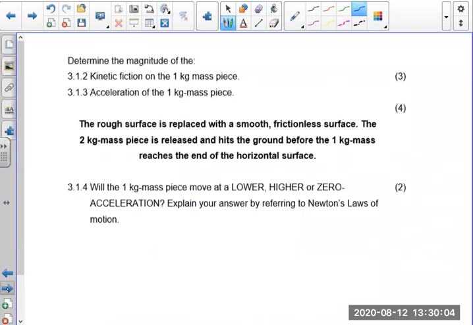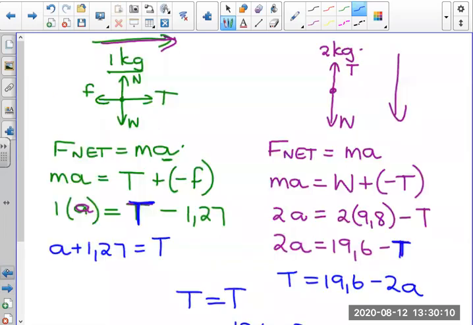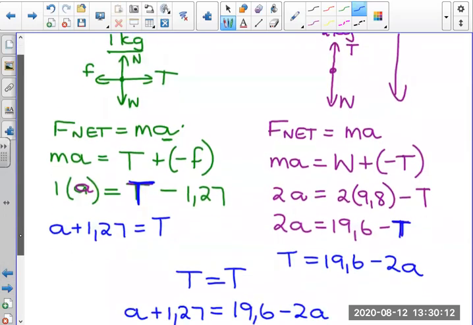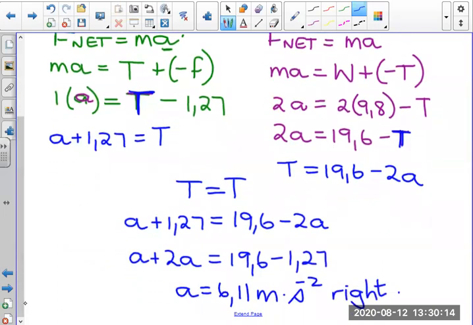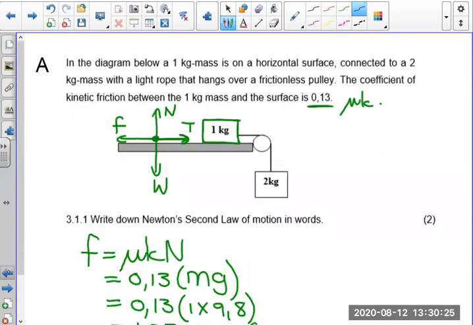Hello, ma'am. Yes, I have a question. Okay. So what's the direction of the acceleration for the whole system in the previous question? In this question, to the right and downwards. Yes, but read the question.